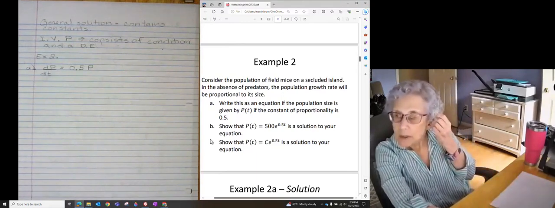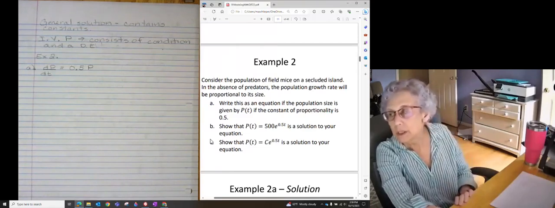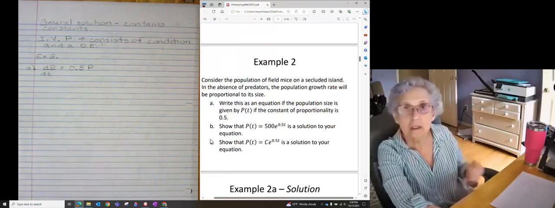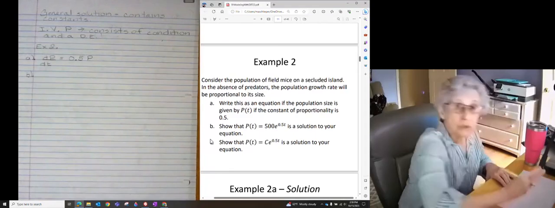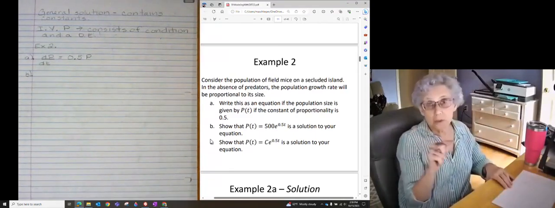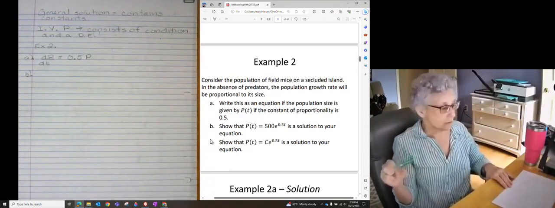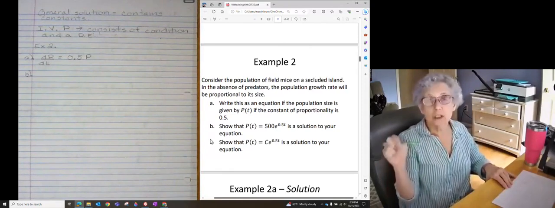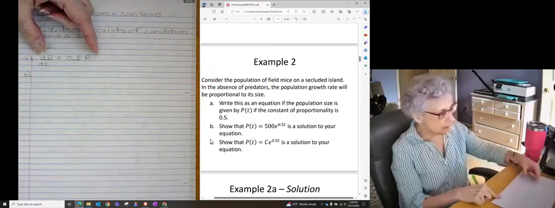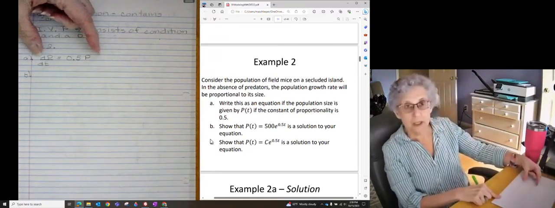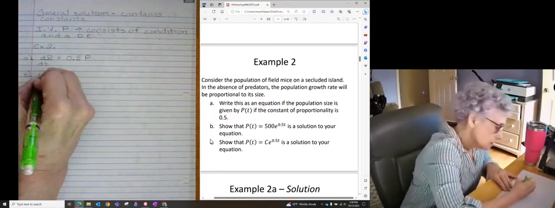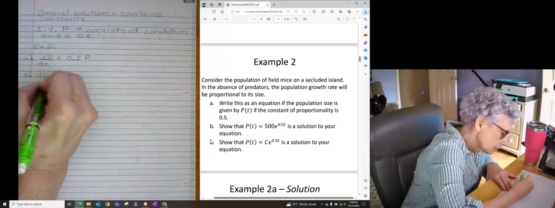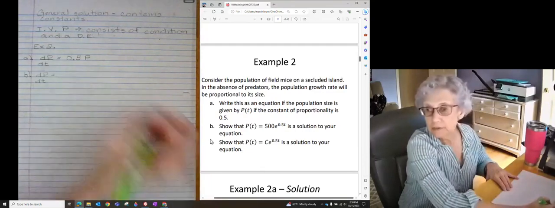Show that P of t equals 500 e to the 0.5 t is a solution. Okay. So that was one of our goals, was to be able to show that a given function is a solution to a differential equation. So we want to show that it solves this differential equation. First thing I do is take the derivative of that thing.